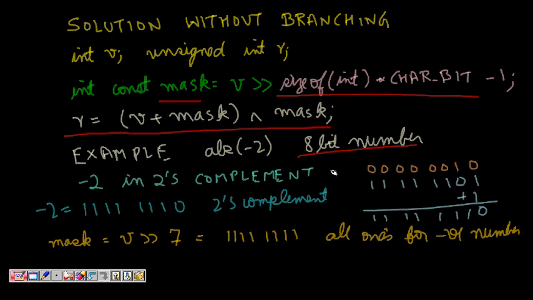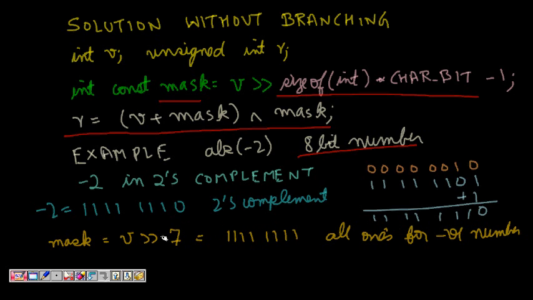I represent 2 first, and to get minus 2 I use the two's complement system. I invert all the bits and get 1 1 1 1 1 1 0 1. Then I add 1 to it to get the two's complement. This is minus 2 represented in two's complement.